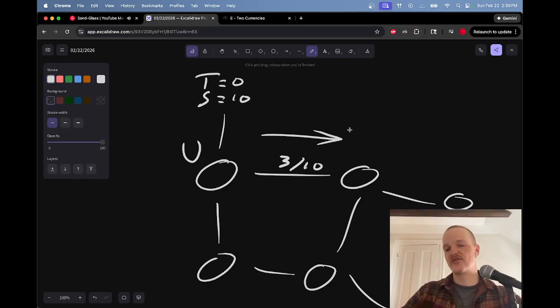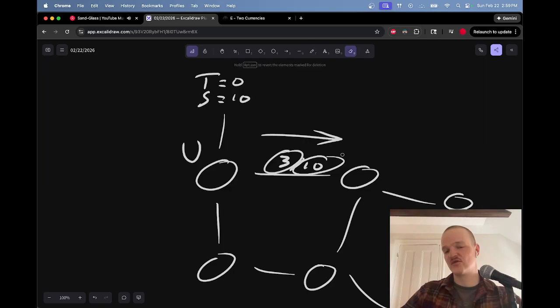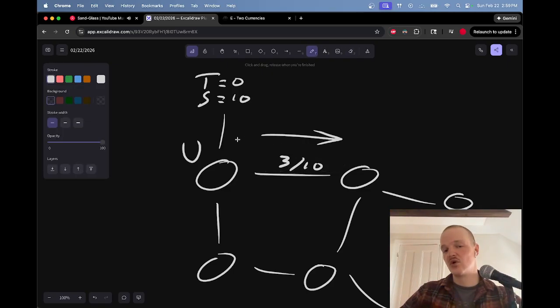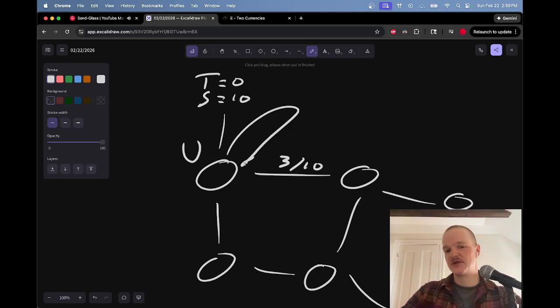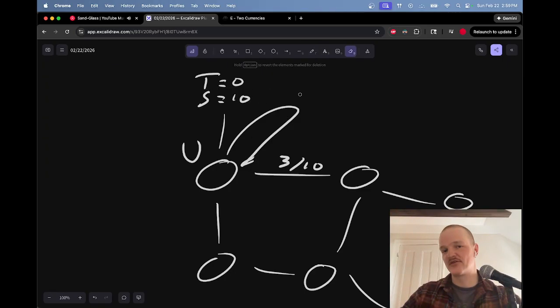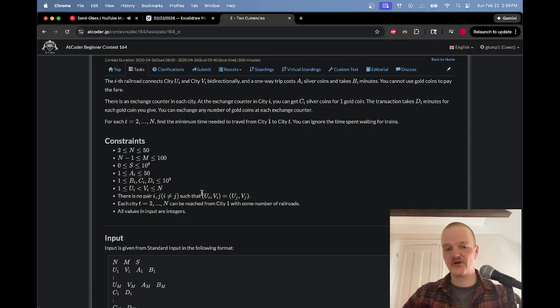When we traverse across an edge, it's going to take us 3 units of time and 10 silver coins. Or what we could do also is not traverse across an edge, but there's this extra thing we get to do, which is increase S and T by a certain amount. That would be what C and D are.